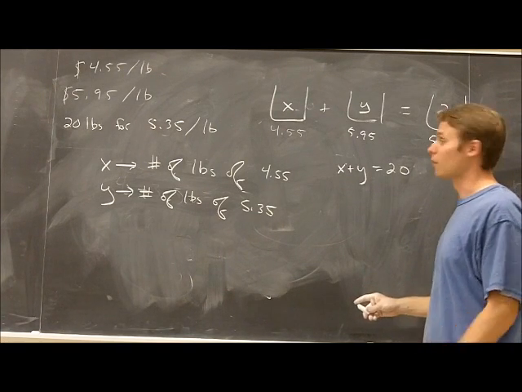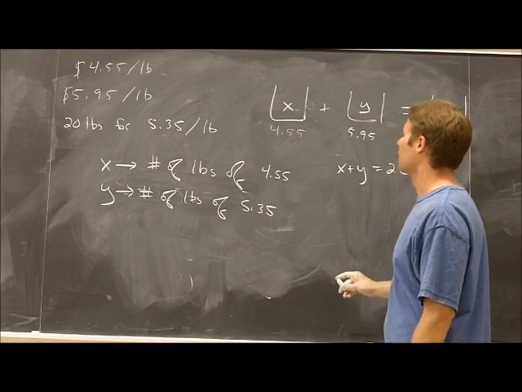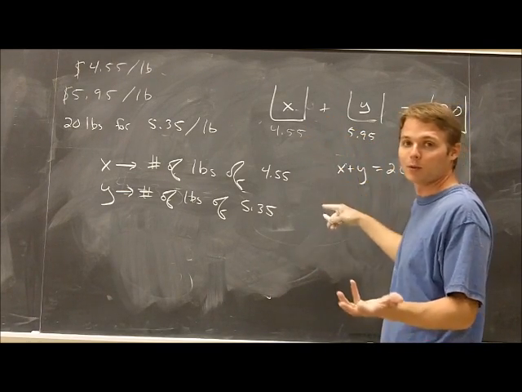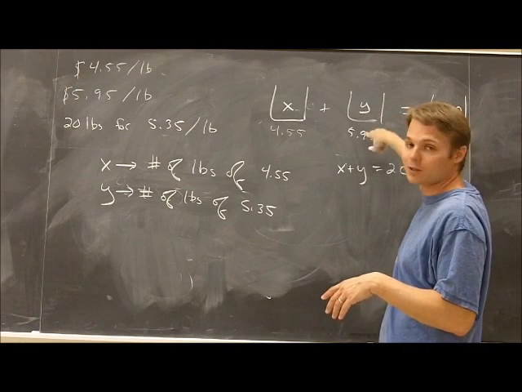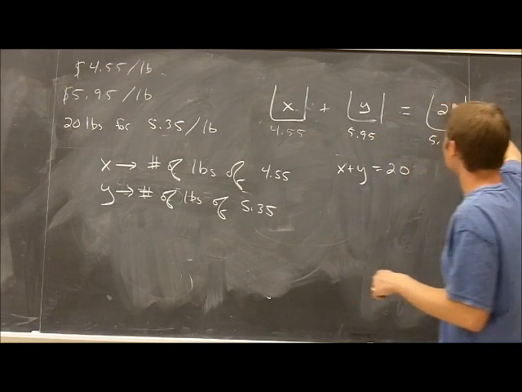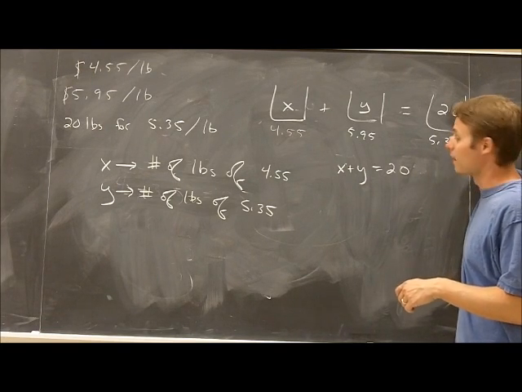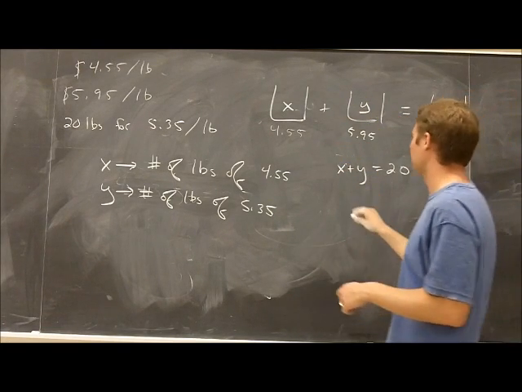The second equation is usually the harder one. It's how much it would cost if you bought x pounds of this coffee, how much would it cost? Plus, if you bought y pounds of this coffee, how much would it cost? It should equal the cost of buying 20 pounds of the $5.35 coffee. So I can actually just multiply straight down.